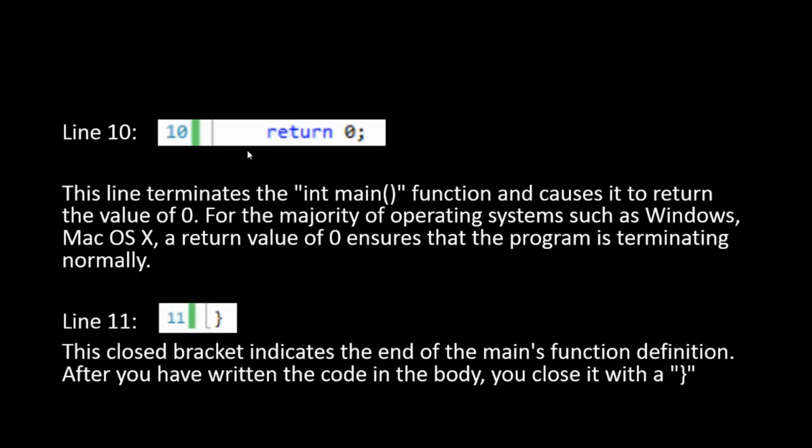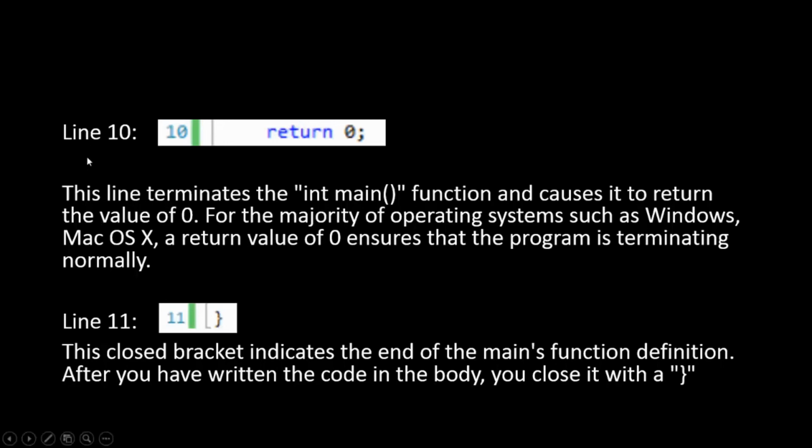When you start to write bigger programs and learn more, you start to learn about memory management, and you don't want the programs to crash. So using the return value of 0 ensures that the program has been terminated normally and correctly.